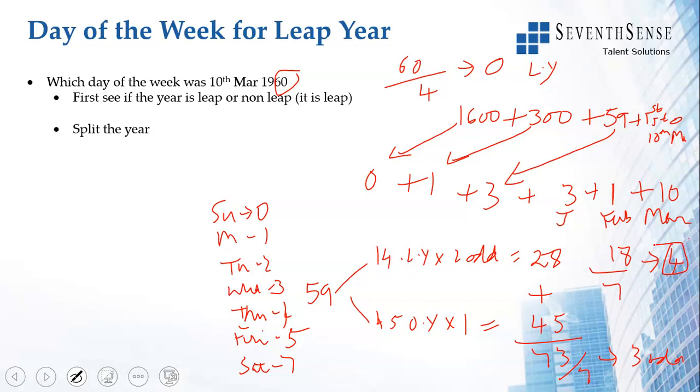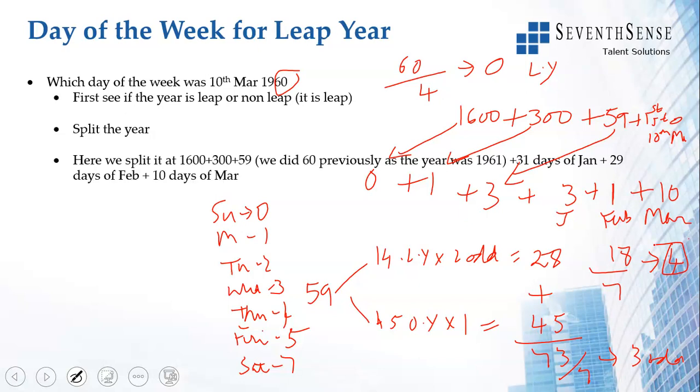So as a recap, you find whether the given year is leap or non-leap. Here it is leap because 60 by 4 gives no remainder. Then you split the year into 1600 plus 300 plus 59, because we know the odd days for 1600 is 0. For 300 we know for 100 it is 5, 200 it is 3, and for 300 it is 1.